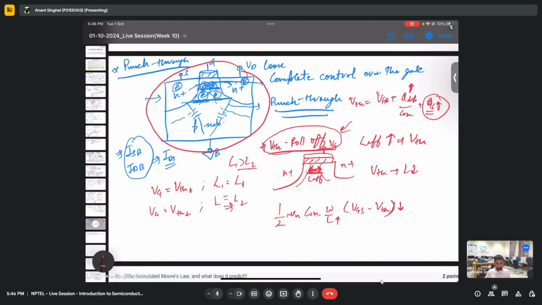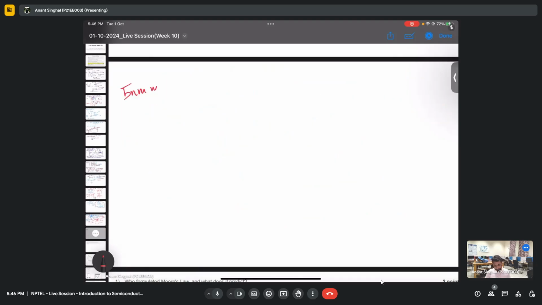Any guesses? 5 nm node. Any guesses for the device? Gate all around FinFET. Okay, that is correct.